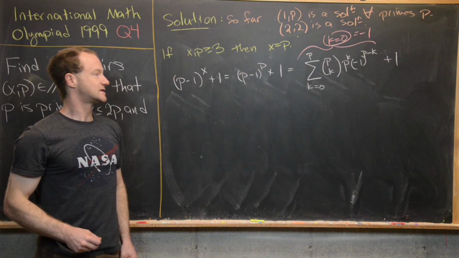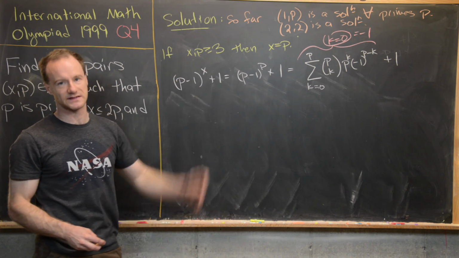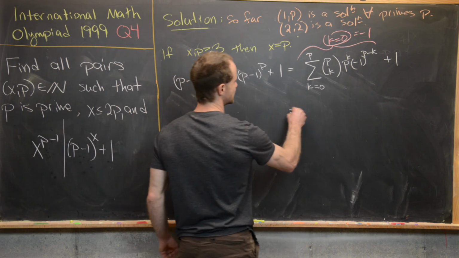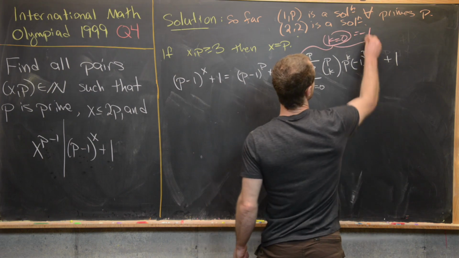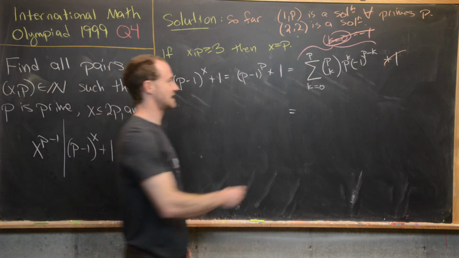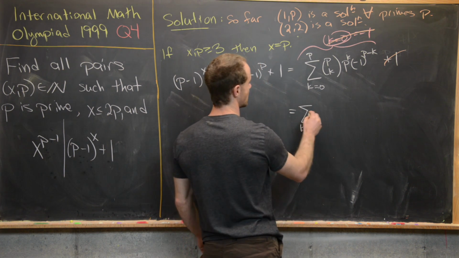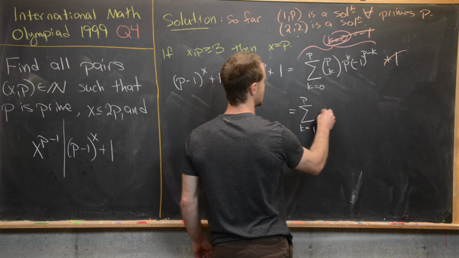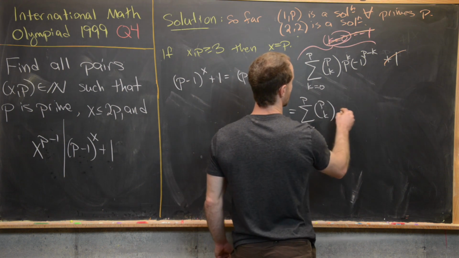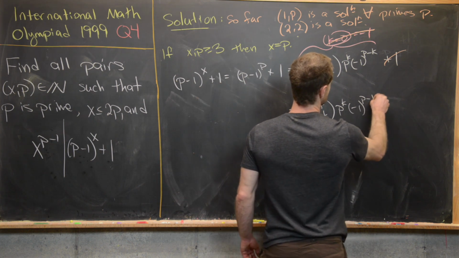So we can pull out the k equals 0 term and cancel that with the plus 1 that's also included. So that means this guy right here will cancel this guy right here. And that's going to leave us with this sum as k goes from 1 to p of p choose k, p to the k, minus 1 to the p minus k.